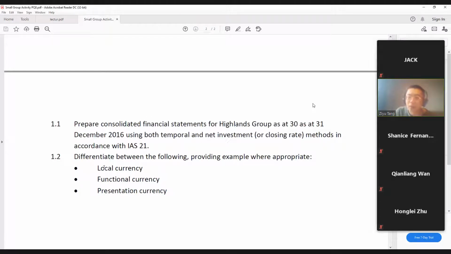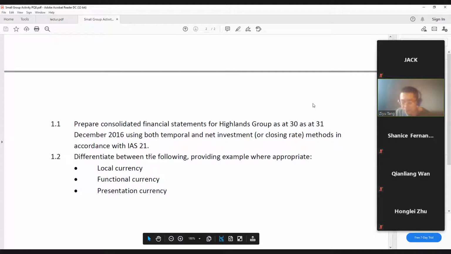Because some countries have multiple legal currencies. For example, in some small countries, they can use British pounds, US dollars, and francs to trade, and all those currencies are legal in that country. Therefore, the local currency can be multiple.